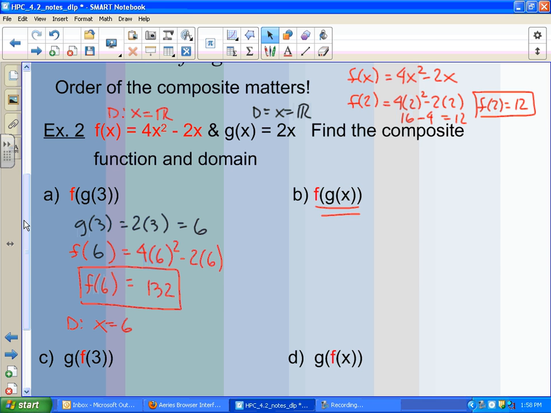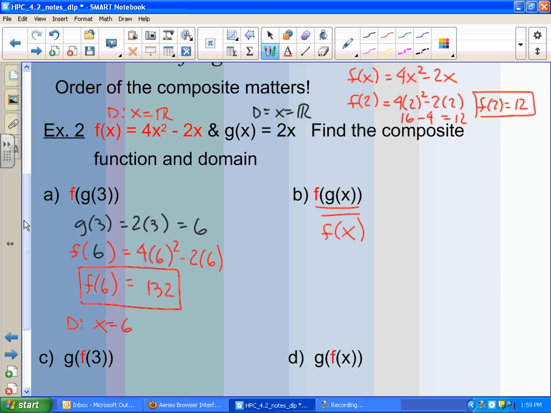In example B, which function is the one that I'm plugging into the other one? Well, g of x into f of x. Okay, I'm plugging the g of x, which is what? 2x, into the what of f of x? Into the x of the f of x. Yeah, look at it. Maybe just write it this way. It's the same thing as saying f of x, but I'm replacing x with this g of x.